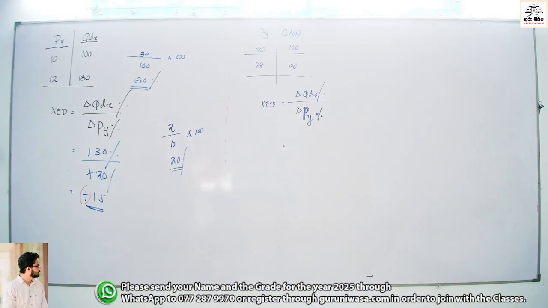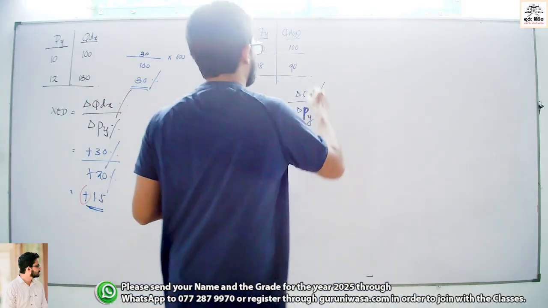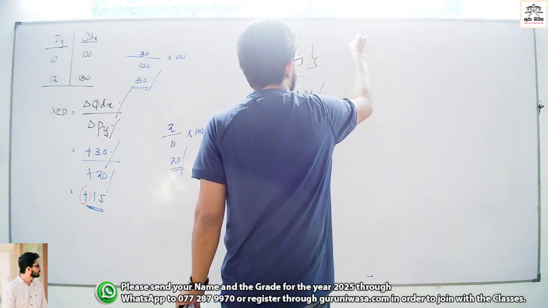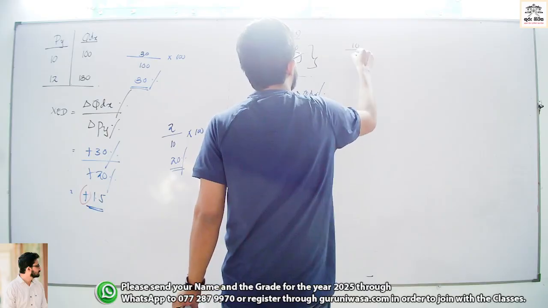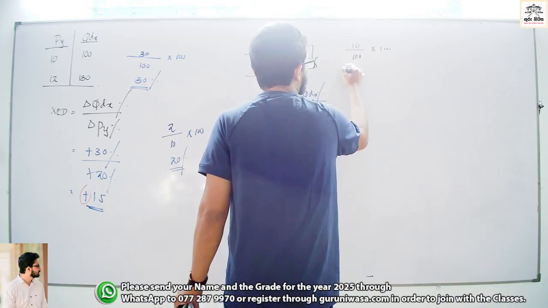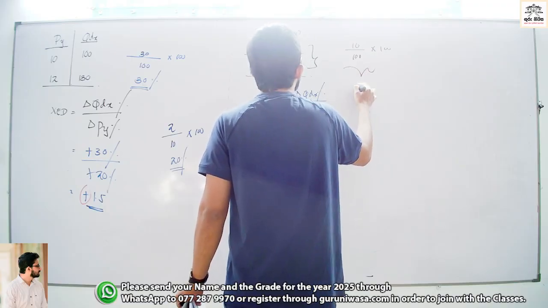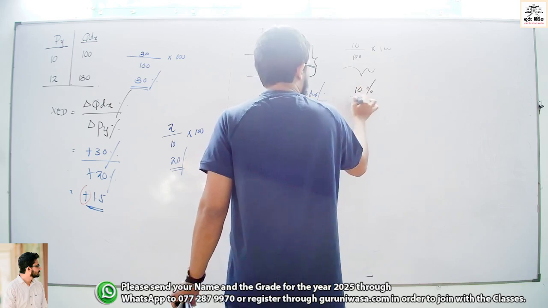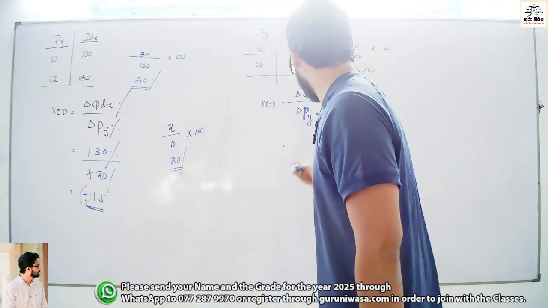The change in quantity demanded is 10. So 10 divided by the original value 100. No need to calculate even. How much is the percentage change in quantity demanded of X? 10%.